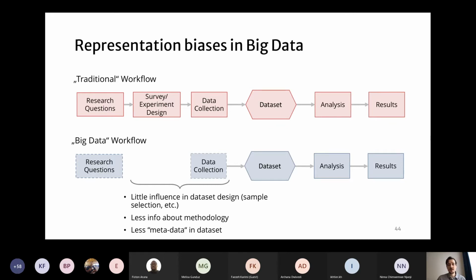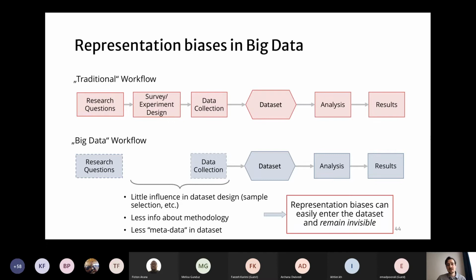So it's not as easy to check whether it is really representative. And so this leads to a lot of these big data sets and also mobility data sets having representation biases that can easily enter the data set and remain invisible, basically because you just have the data set as it is.